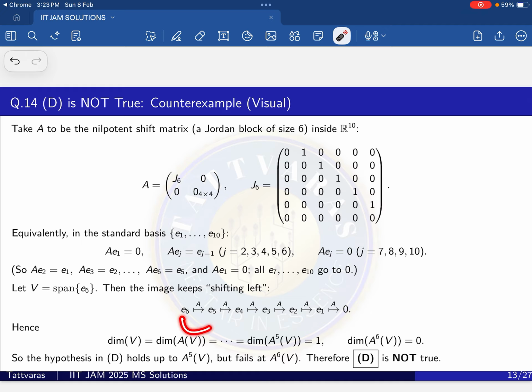So e6 will shift to e5, then e4, e3, e2, e1. And if you multiply e1 with A, that will give you 0, because you already have that. So these dimensions will be retained up till A power 5. However, at A power 6, it will become 0. And that's why this dimension is not necessarily the same as all of this. Hence, D is not correct.